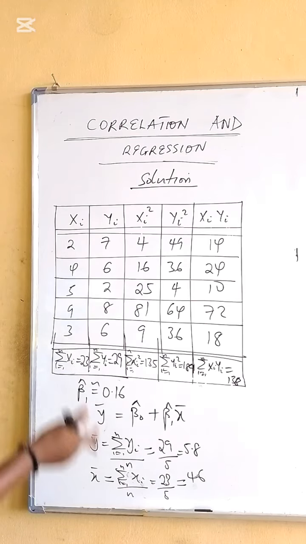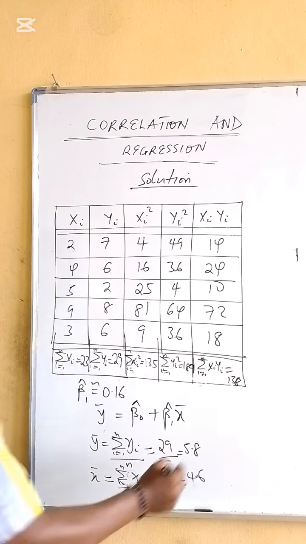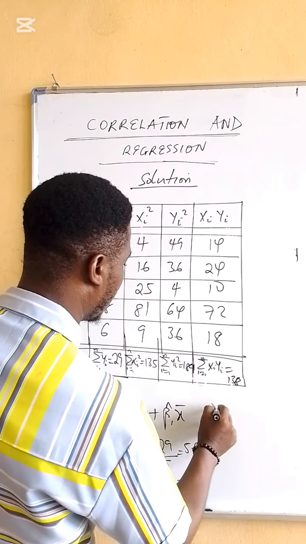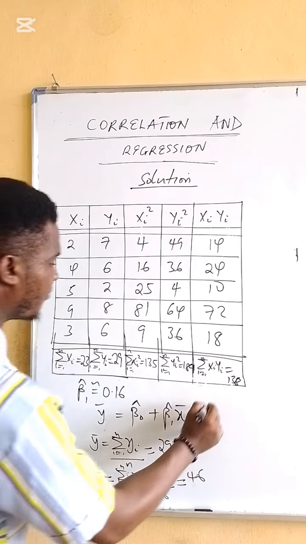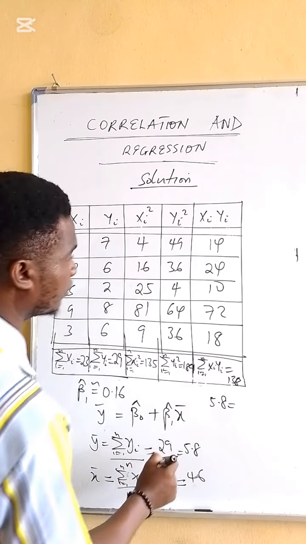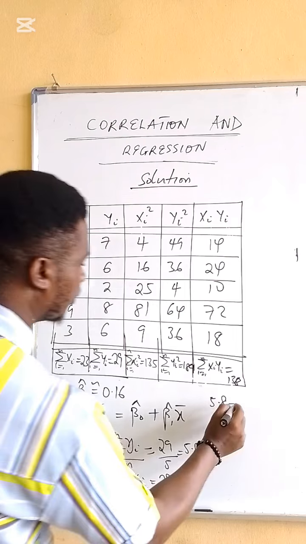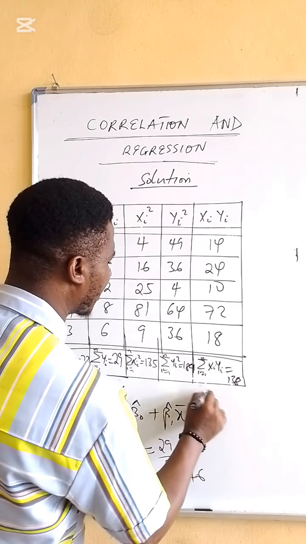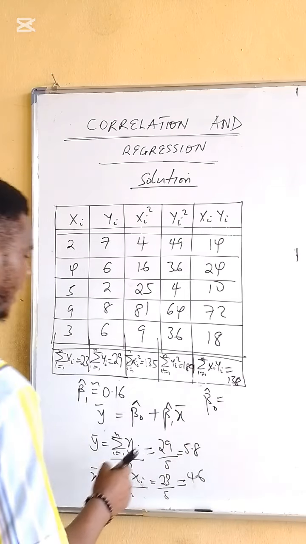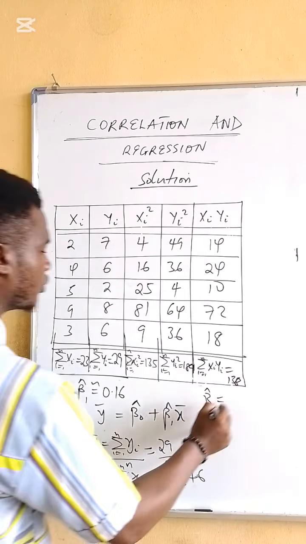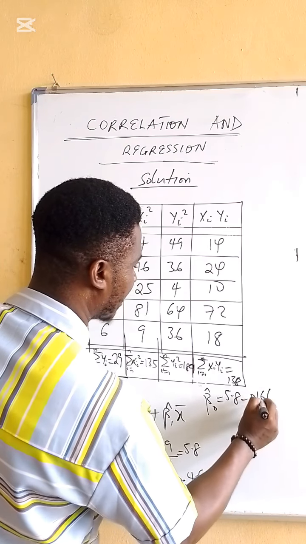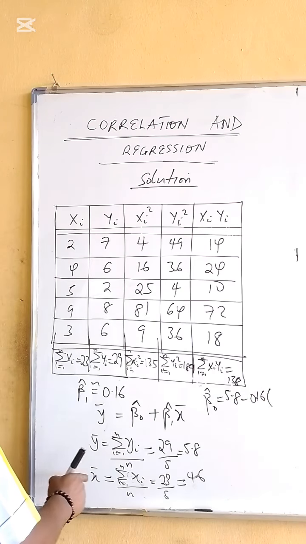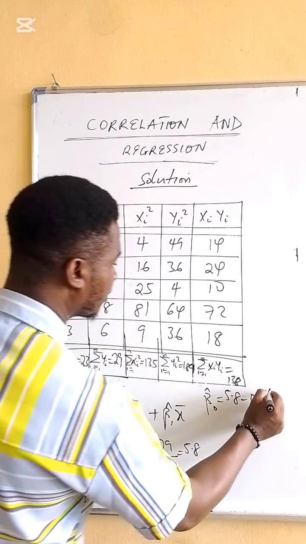So based on that, we can now write here y bar, which is 5.8, will be equal to beta naught plus beta 1 times x bar. Making beta naught the subject of the formula, it is y bar, which is 5.8, minus beta 1, which is 0.16, times x bar, which is 4.6.